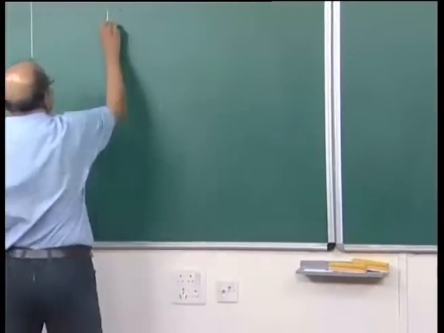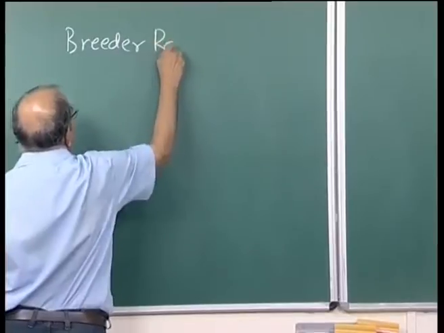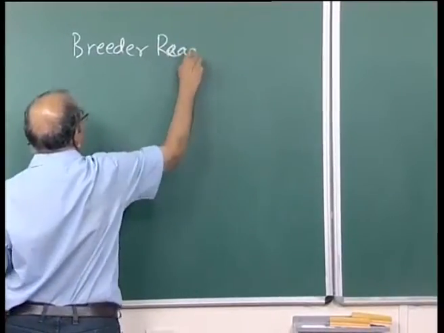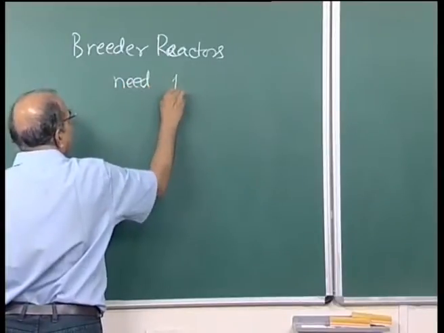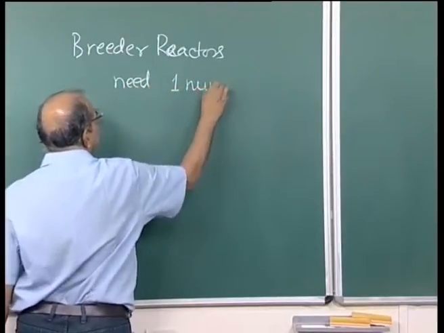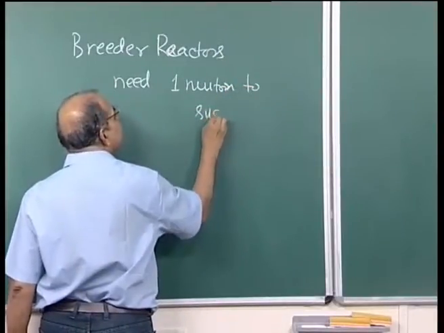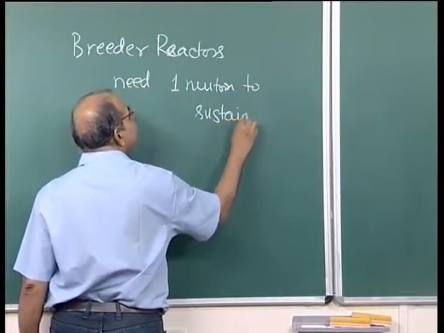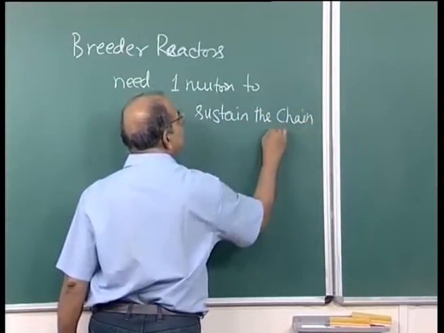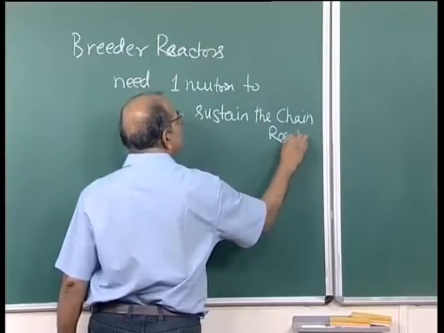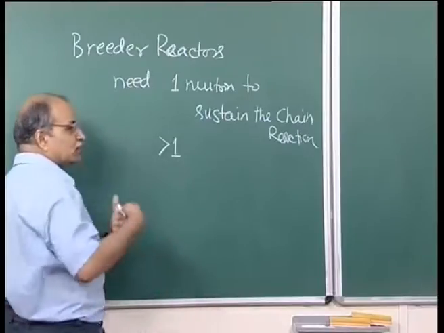Okay. So, breeder reactors need one neutron to sustain the chain reaction, and more than one neutron if it has to breed.